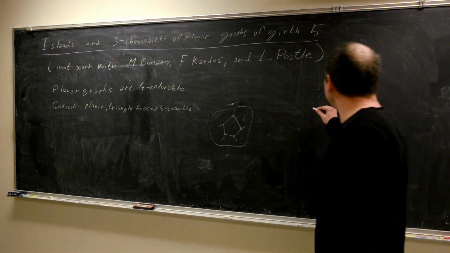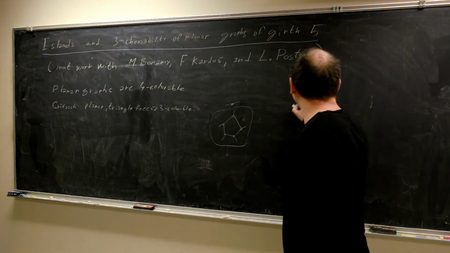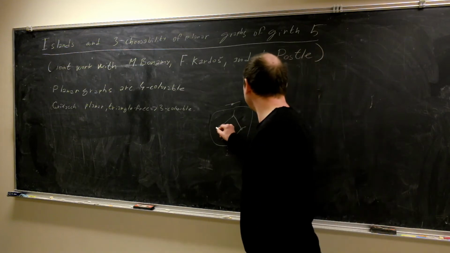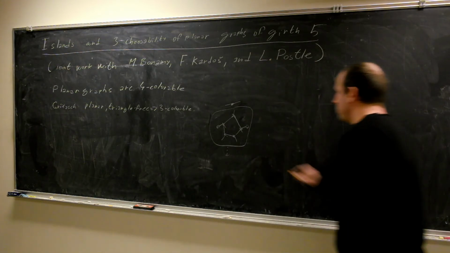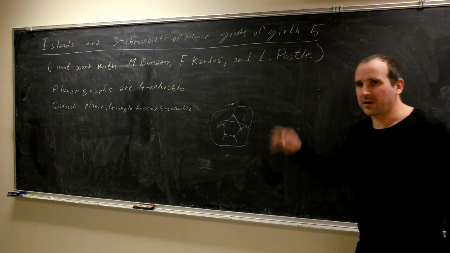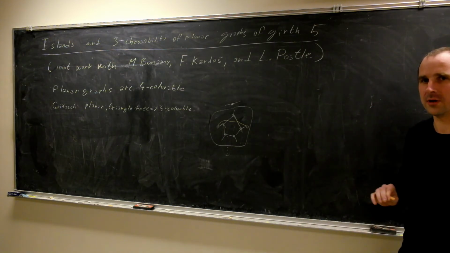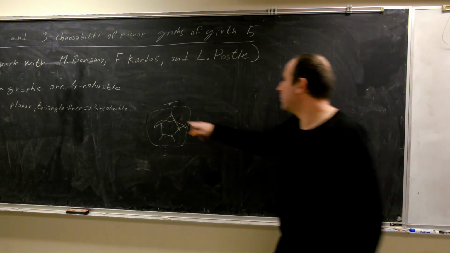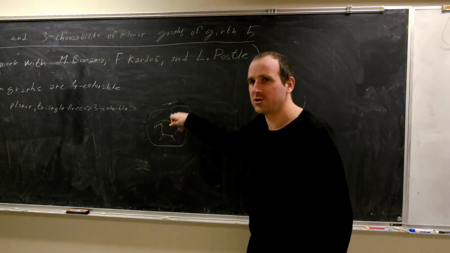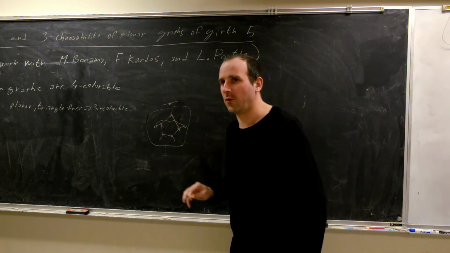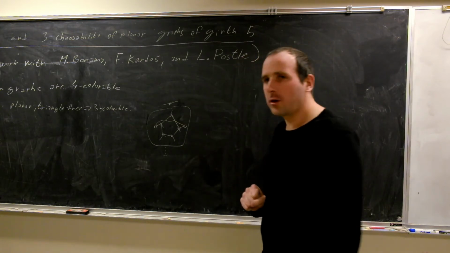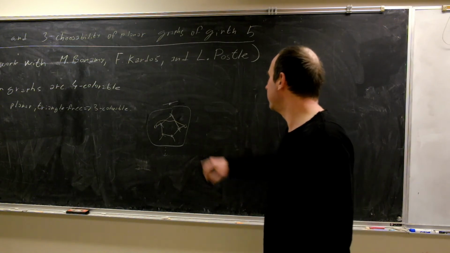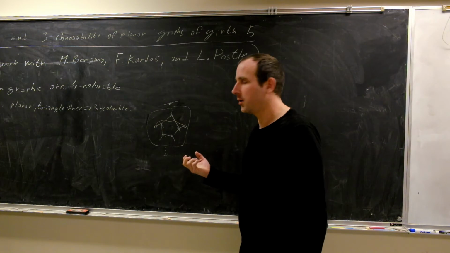And then you take this 5-cycle inside your graph and remove its vertices and add, let's say, an edge joining these 2 vertices, being very careful so that you don't create a triangle by doing this. So this is not always possible, but here you have 5 possibilities for how to add an edge between the neighbors, and one of them always works. And so then you obtain a smaller planar graph, which is triangle-free, and therefore it is 3-colorable.